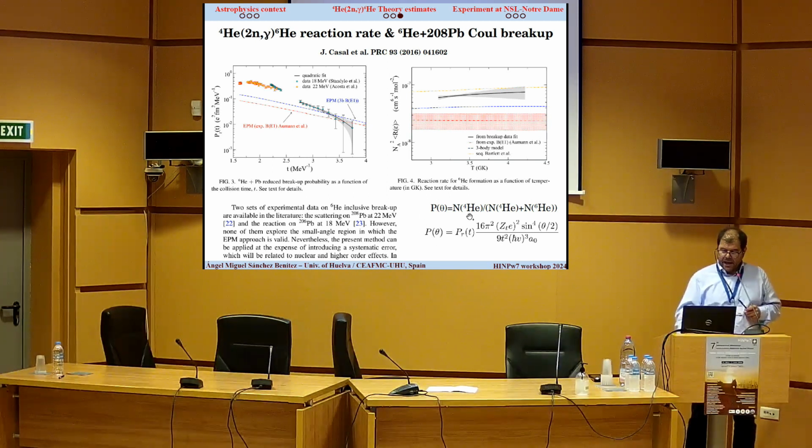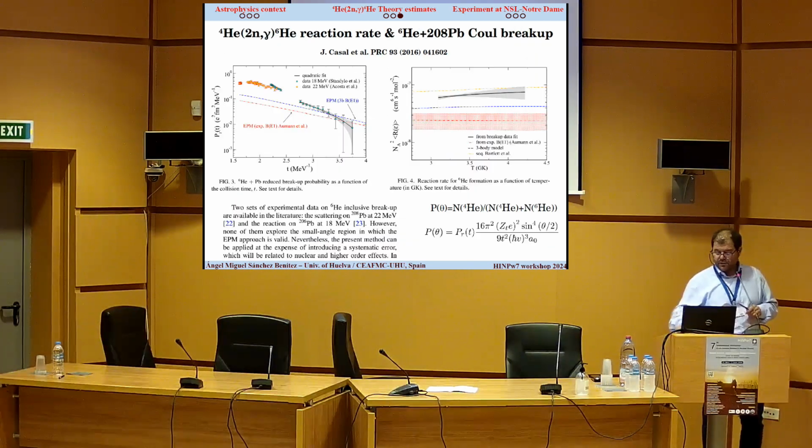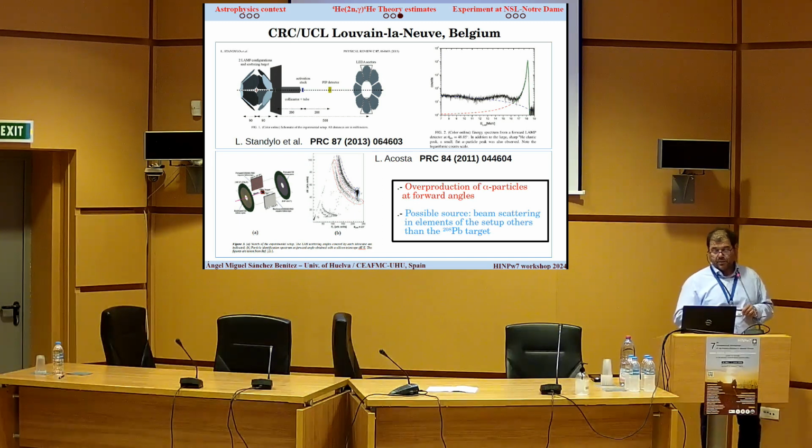And that is what we did. Here I link the experimental quantities, like detected helium-4 and detected helium-4 and helium-6. We get this in every detector, and then we get the reduced breakup probability via these equations, right? These are the two sets of data that they speak about here. They were taken in an experiment in which some of us who are here participated, made in Louvain-la-Neuve in Belgium, right?